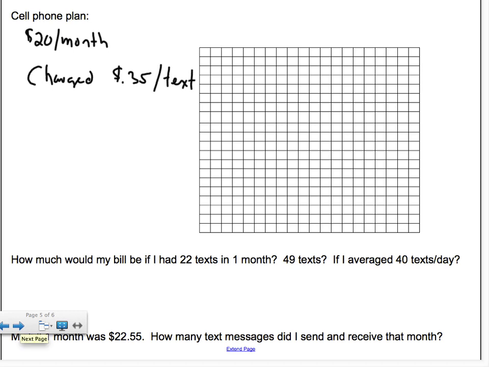Okay? So my bill is just $20 a month just for me to talk, and then I get charged 35 cents for every text. If I get 10 texts, how much is my phone bill? $23.50.